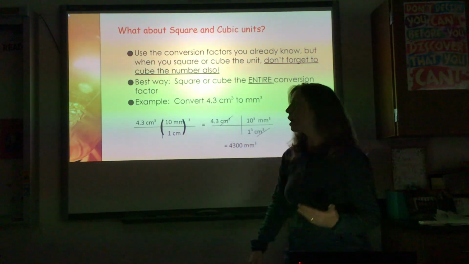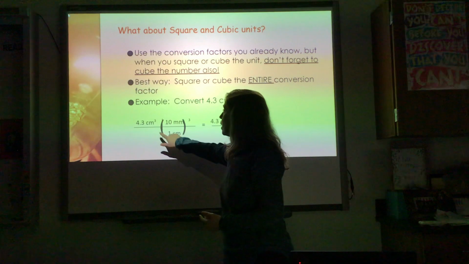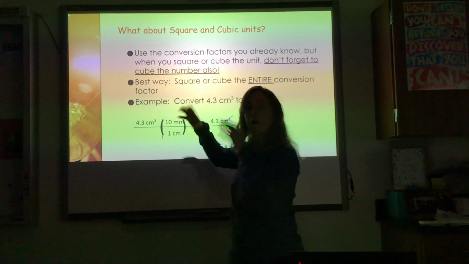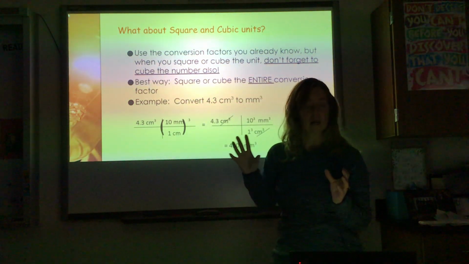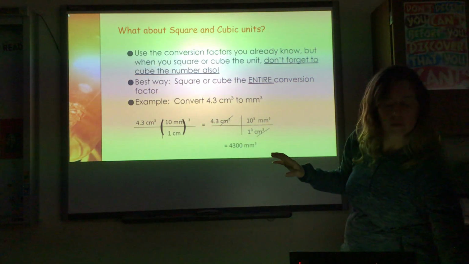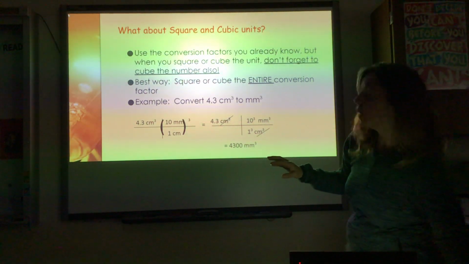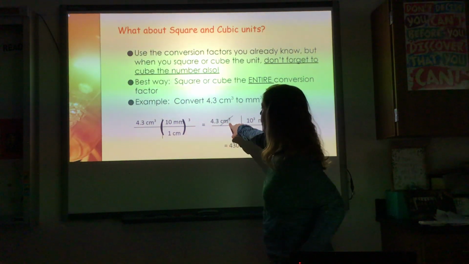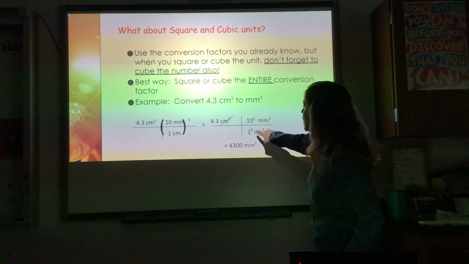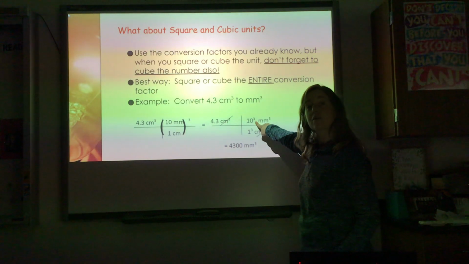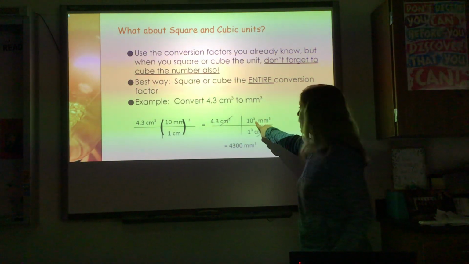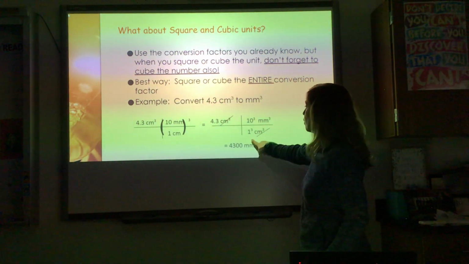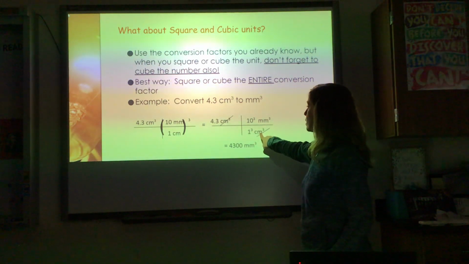Now, because my units here are cubed, I have to cube my ratio. Now, when I do this, I'm going to have 4.3 centimeters cubed. Now, when I cube this 10, it's going to be 10 to the third. Okay? Millimeters cubed over 1 cubed and centimeters cubed.